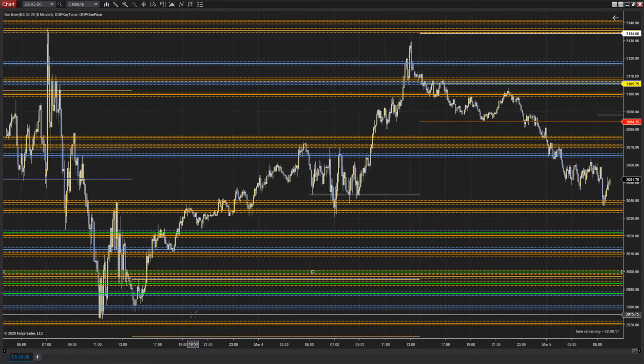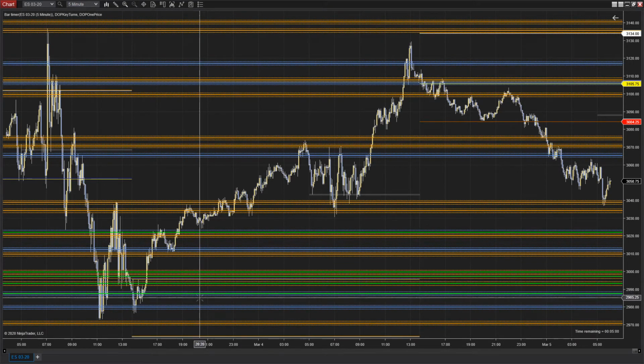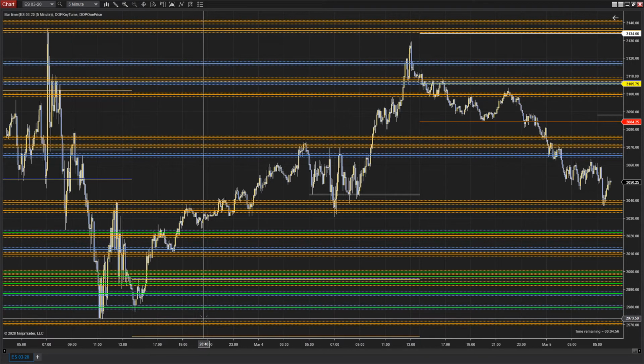But then this was not. And this was not. And then ironically, this is also our key turn level down here. So this is the third key turn level. And so then that's not used either. And then I would say that's not really used.